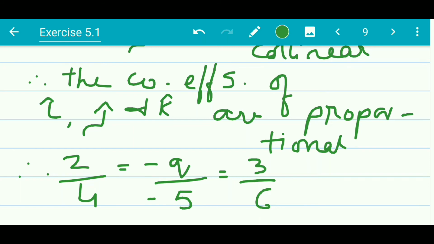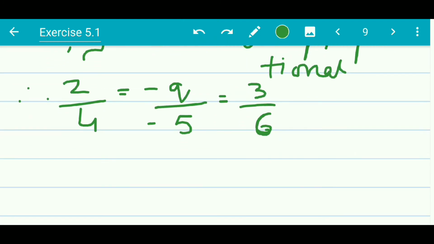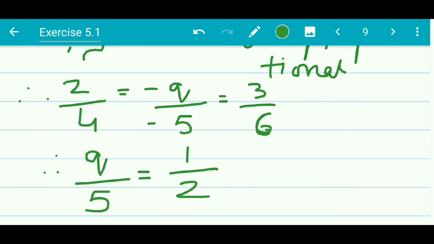Thus we get q upon 5 is equal to 1 upon 2, and therefore q turns out to be 5 upon 2. So this comes out to be the answer for q.